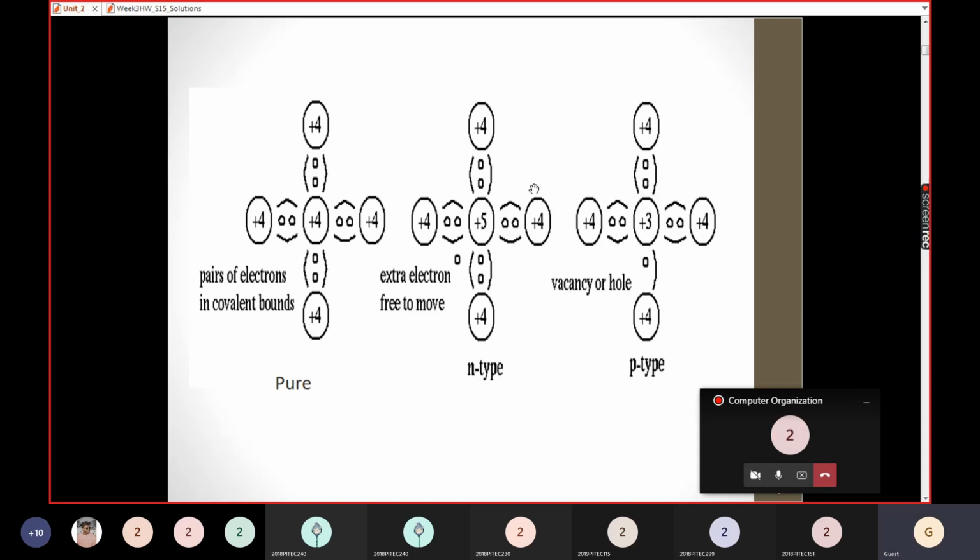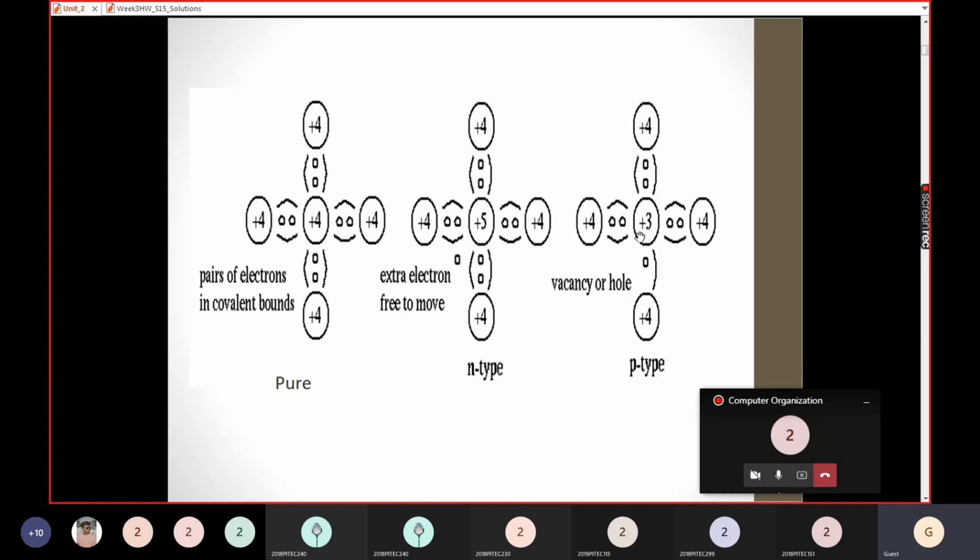In N type, I have represented it as +5, which means 1 hole cannot get bonded with the corresponding electron. But in P type, I have reduced the number of holes, and it is very clear that the holes cannot get bonded with each other.